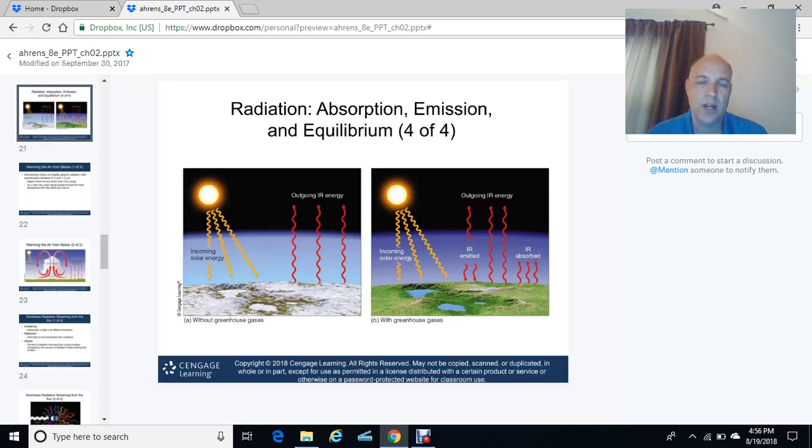With greenhouse gases, however, look what happens when the long-wave radiation, represented by the red squiggly lines, tries to leave from the surface of the Earth. Some of it gets reabsorbed and re-emitted back to the ground due to the greenhouse gases, such as carbon dioxide and methane. Water vapor is actually a greenhouse gas as well, so it doesn't readily escape, and as a result, our temperatures are much warmer.